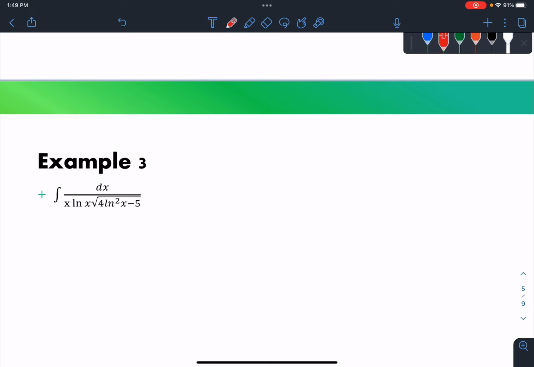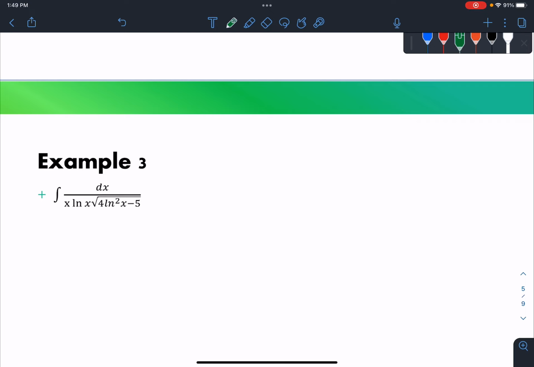Okay, so it would appear that it's complicated, but if we just properly represent each part of the integrand, this will be easier. I see that we have the square root of u squared minus a squared, so it resembles the inverse secant.